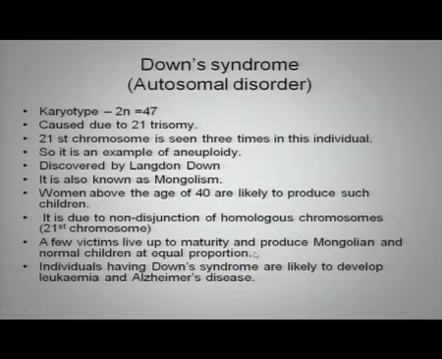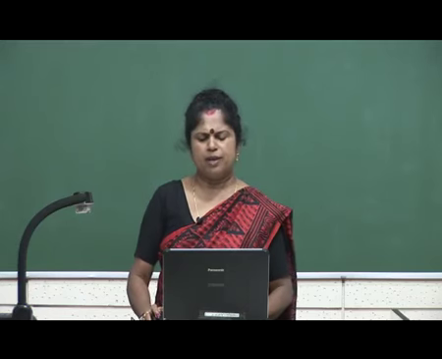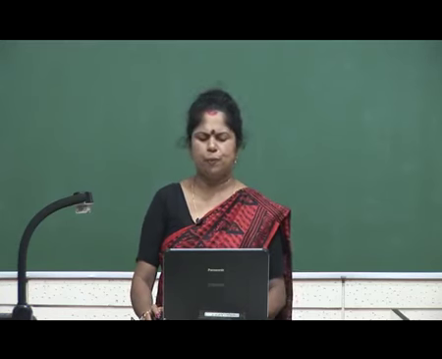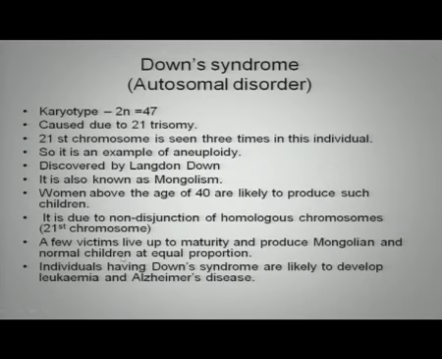In this case, a few victims of Down syndrome grow up to maturity and they can produce babies, both Mongolian, that means babies with Down syndrome, and normal children, in equal proportion. So, there is a chance of getting a baby with Down syndrome as well as a normal child.